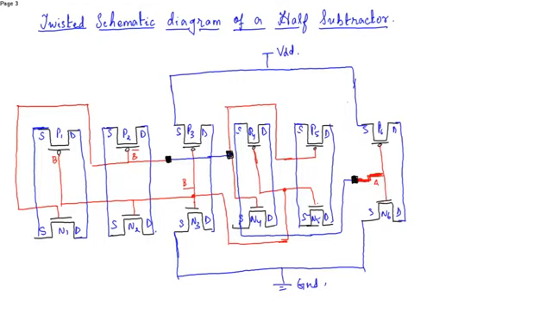Next, the A bar. For A bar, it cannot be connected from inside, so you have to connect from outside. So this is A bar. This A bar can be connected from, okay, this is connected from here.